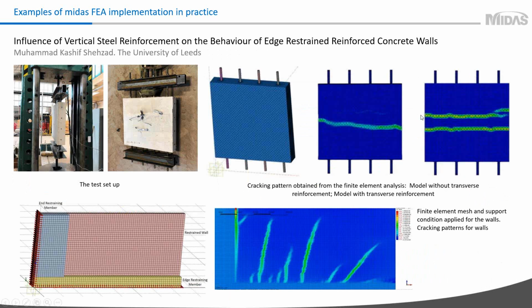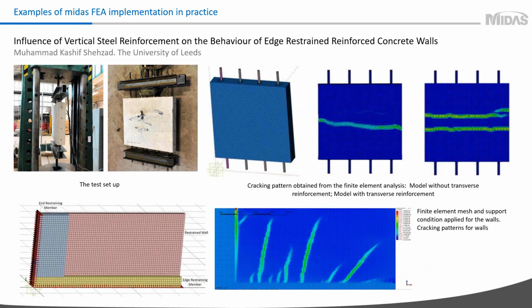This is a research project. Here was investigated the influence of transverse steel reinforcement on prediction of cracking in concrete walls and slabs. The research was based on numerical and experimental tests, and using Midas FEA, the user created different 3D models. He used solid elements both for concrete and for reinforcement, and he also used the interface element between concrete and reinforcement.